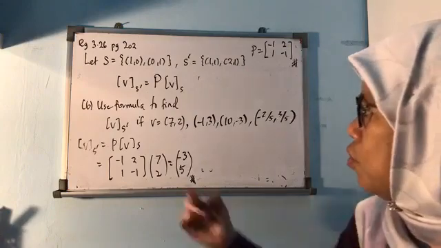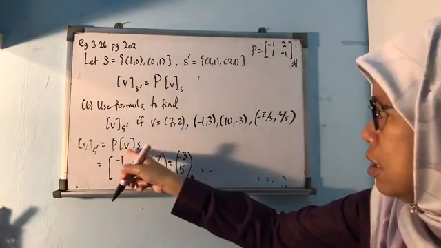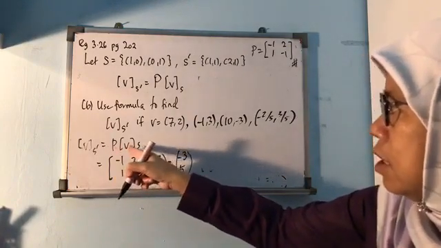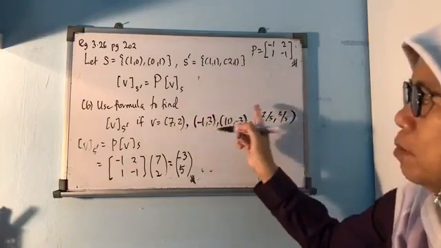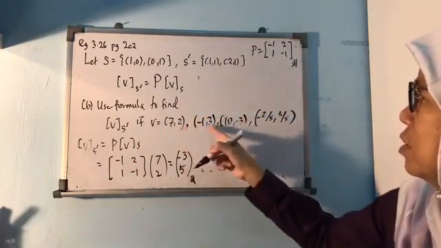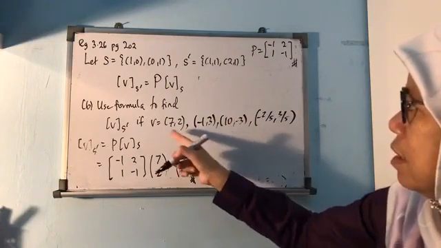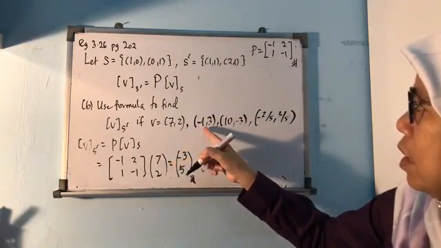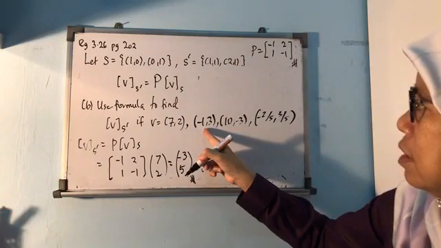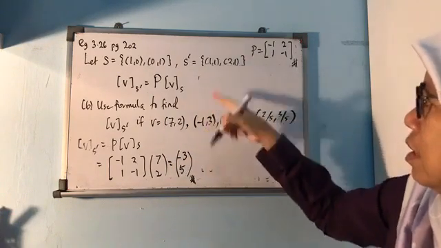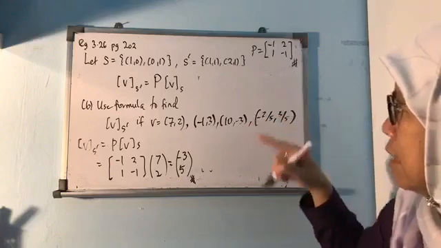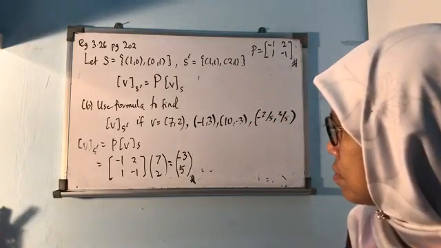If you don't have this formula, you have to do the row operation like earlier with each of these. If you have to find it using the definition, you will have to put this and this as columns and row reduce.